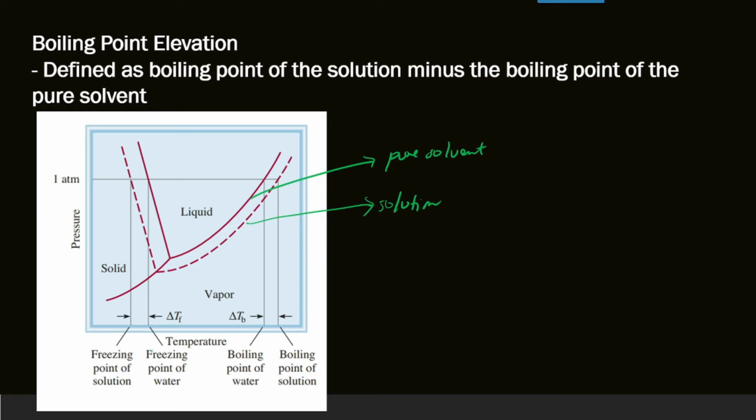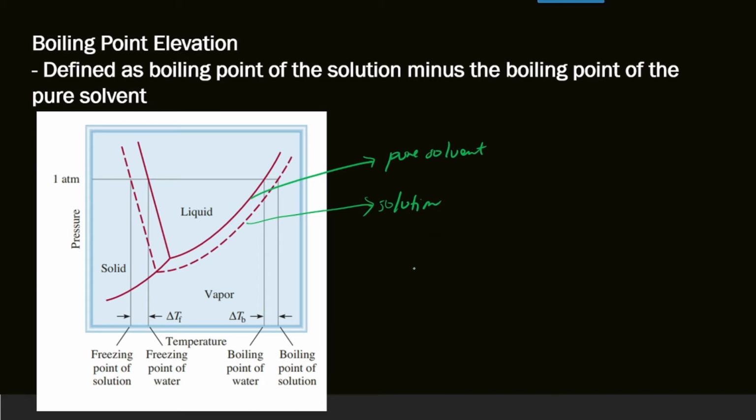Because at any temperature, the vapor pressure of the solution is lower than that of the pure solvent, regardless of temperature, the liquid-vapor curve for the solution lies below that for the pure solvent. So, it shows that the boiling point of the solution is higher than that of water.